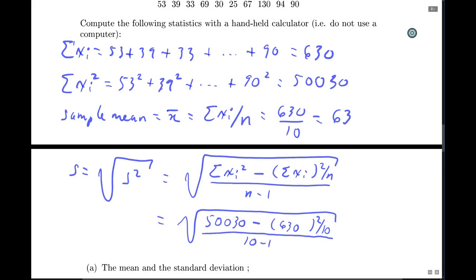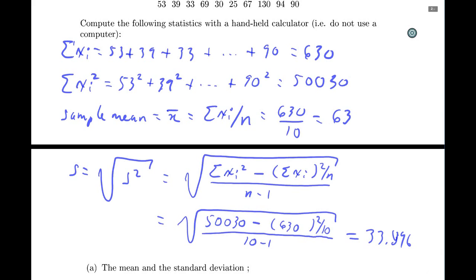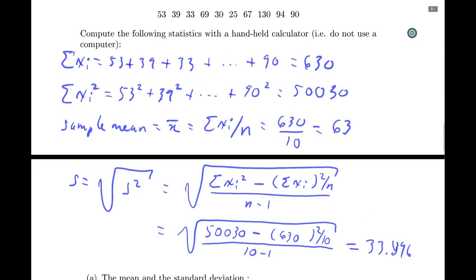Okay, and then when I take the square root, I'll end up with the sample standard deviation. In this case, it's about 33.896, let's say. So a typical deviation away from the mean is about 33 or almost 34 deaths per year. Okay, so this is sample standard deviation, but with our shortcut formula.